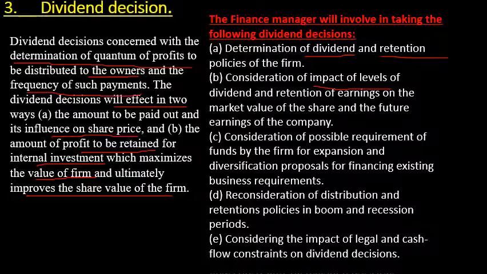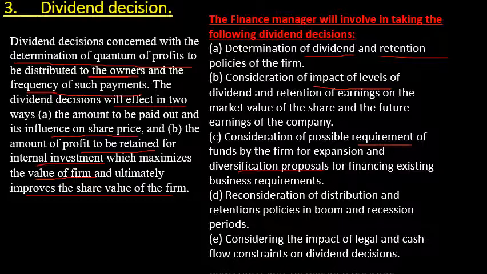Next one is the consideration of possible requirements of funds by the firm for expansion and diversification proposals and for financing existing business requirements. So whenever they have a future plan, or whenever funds are required for a future expansion or to meet any other financial requirements or to start a new proposal, then they can withhold the declaration of dividend.